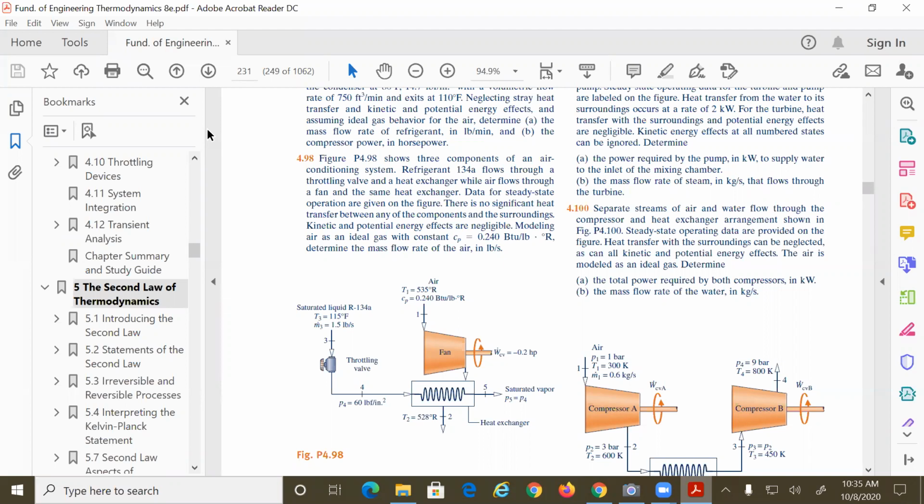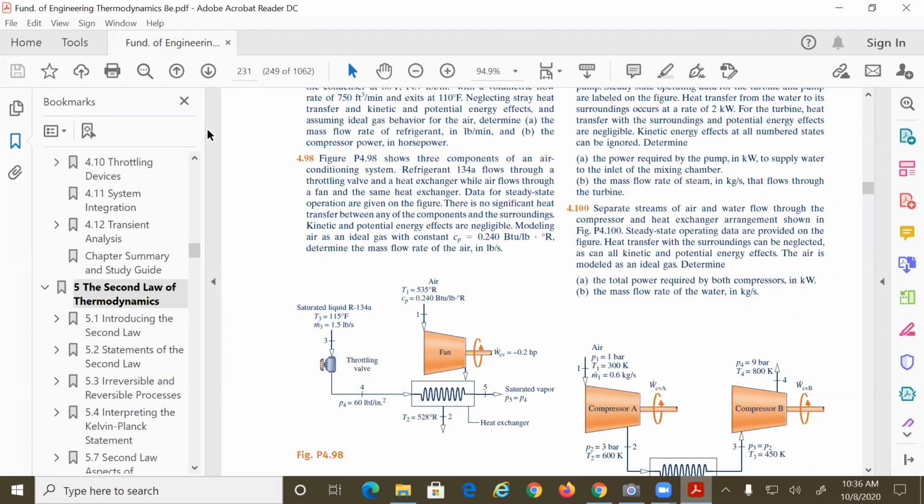Now this is going to go into an evaporator or a condenser, to state 5, where you know that 5 is saturated vapor, with P5 equal to P4.